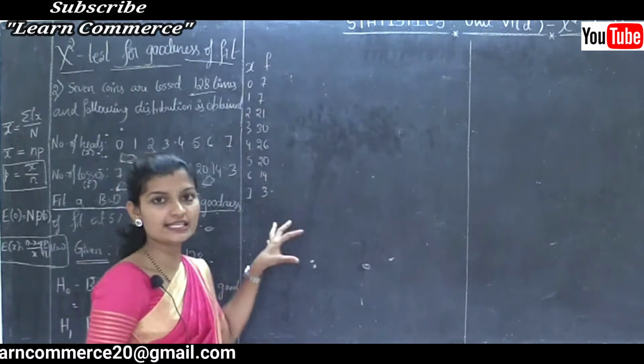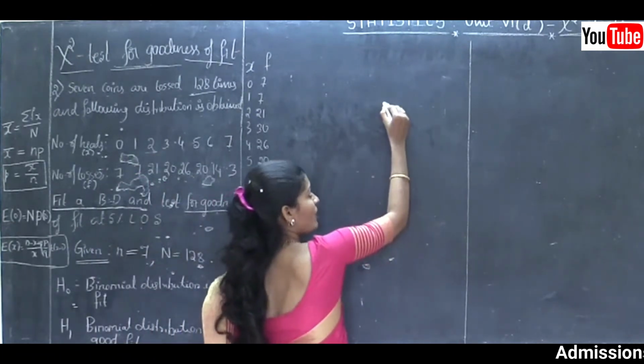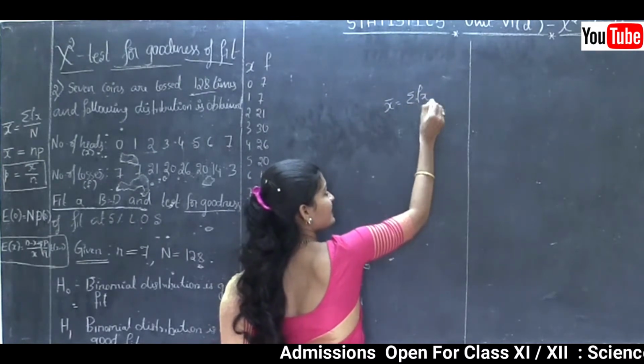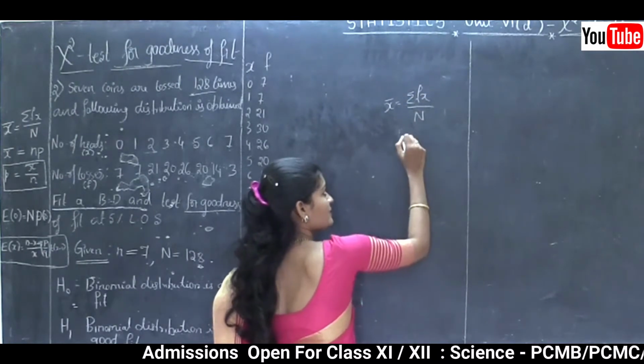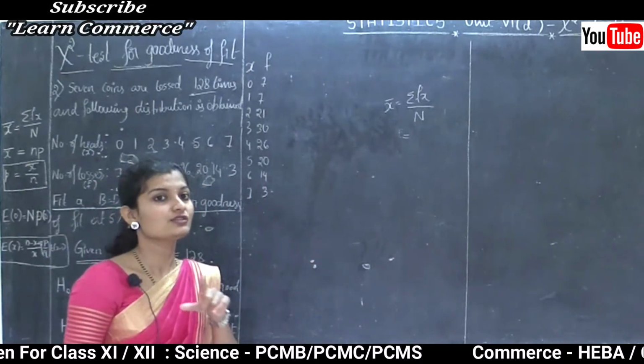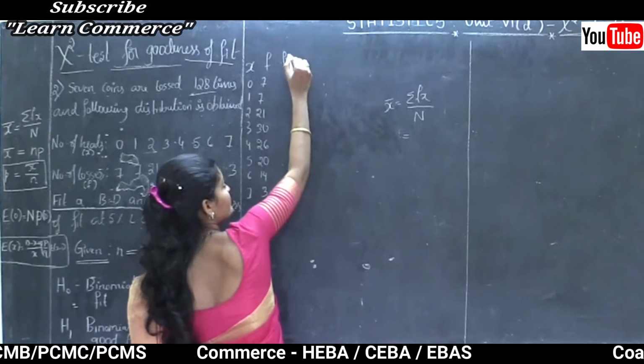Using this we can find the mean of the observations. The formula is x bar is equal to summation fx divided by capital N. Here x and f observations are given, so next we need to find f into x.